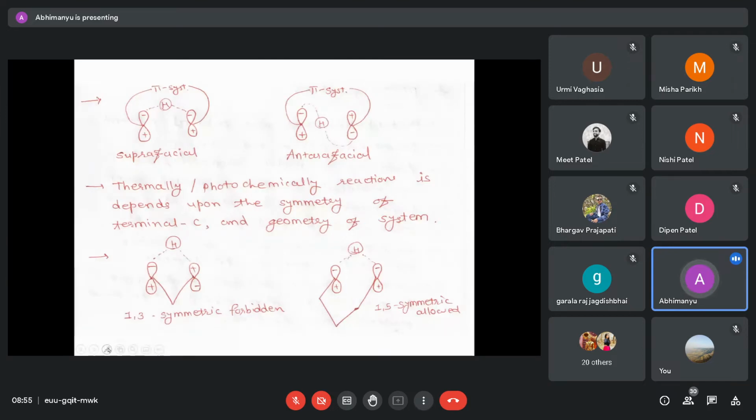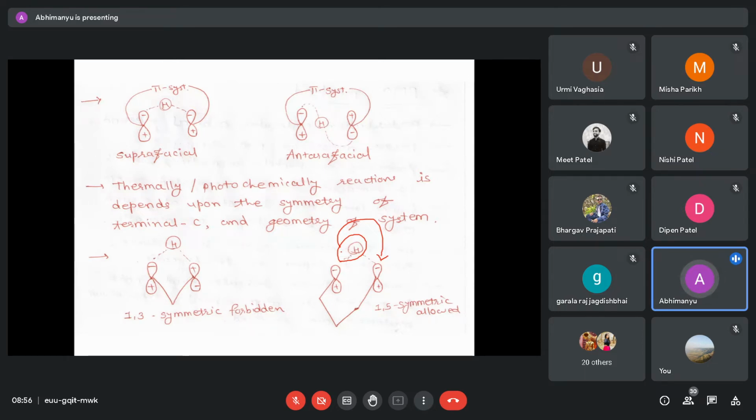In the 1,5 system, shifting of one edge to another, from the first orbital to the fifth orbital, is without crossing the system. We do not have to cross any system. It is suprafacial addition, only shifting of one edge from one orbital to the last orbital without crossing the system.